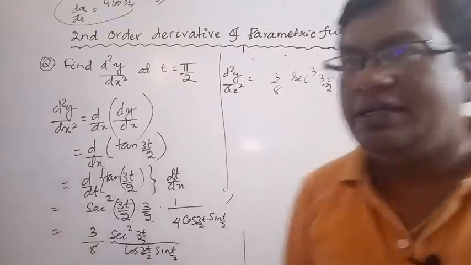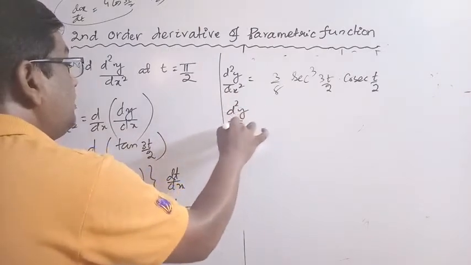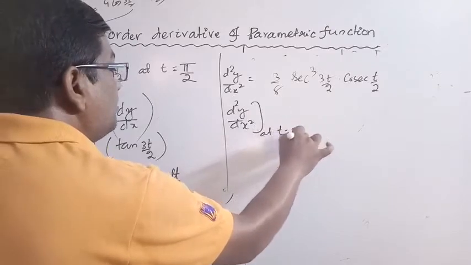This is the answer. And what is d²y/dx² at t equal to pi by 2?